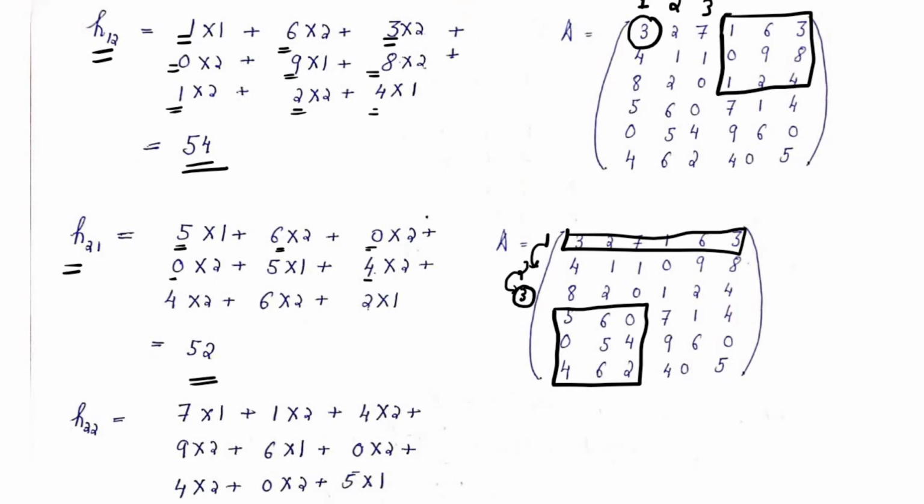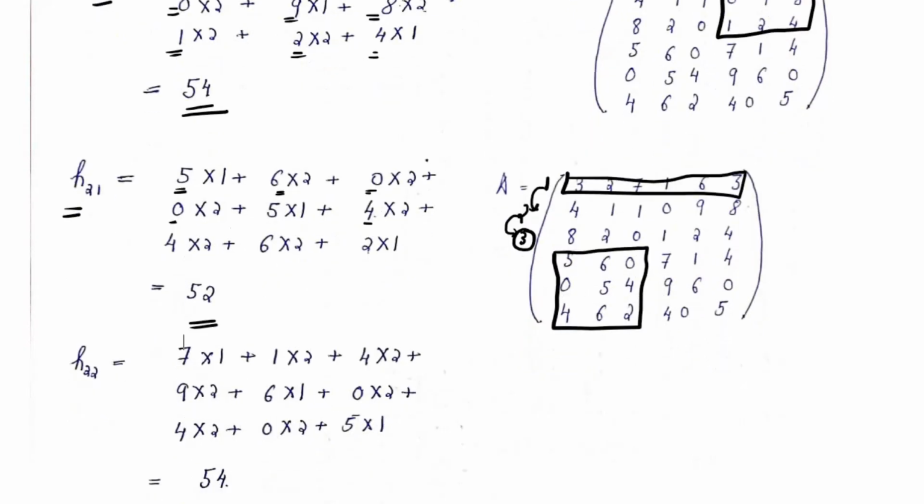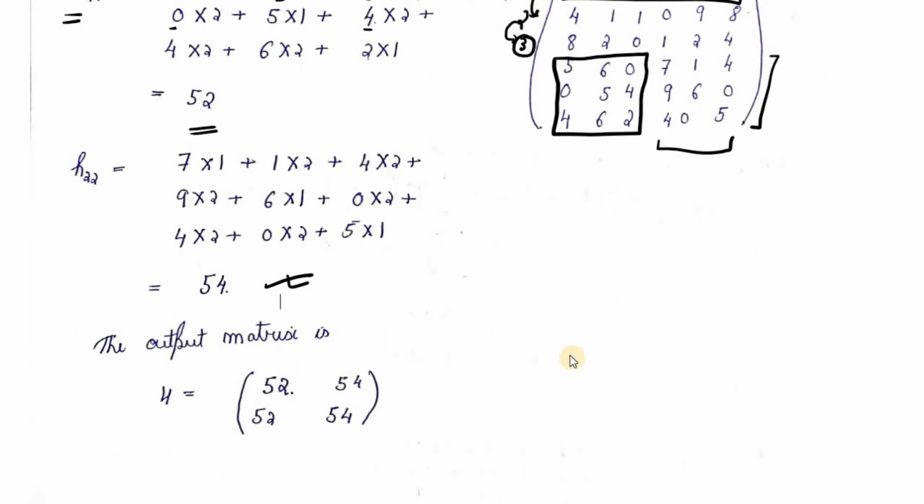Likewise, when we are going to calculate for H22, we are definitely going to consider these three elements as the submatrix from the given input matrix, perform the dot product as we were doing with the kernels, and obtain the value as 54 over here. Eventually, the output matrix comes out to be like this.